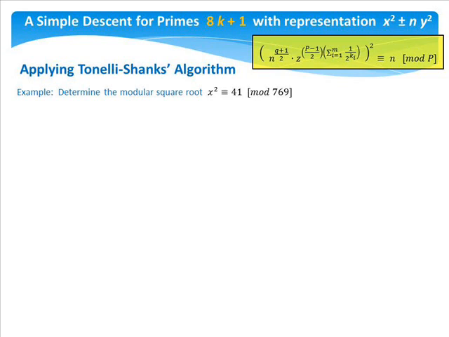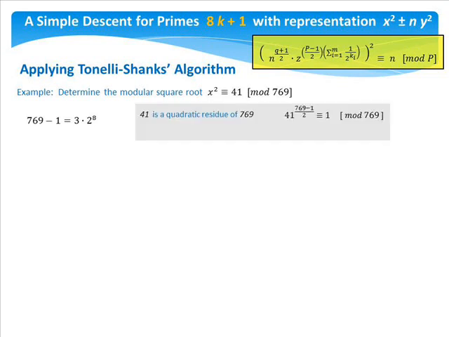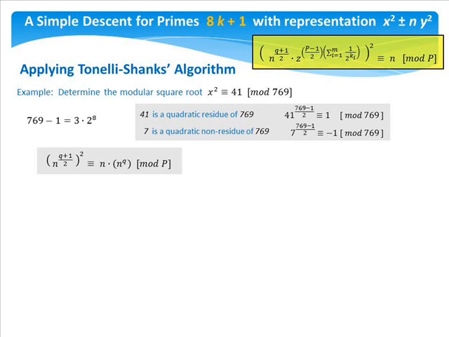Let's find the modular square root of x squared congruent to 41 modulo 769. We check that 41 is indeed a quadratic residue of that prime, and by checking values, we find out that 7 is the smallest quadratic non-residue. Next, we apply the initial equation provided by Tonelli-Shanks algorithm.